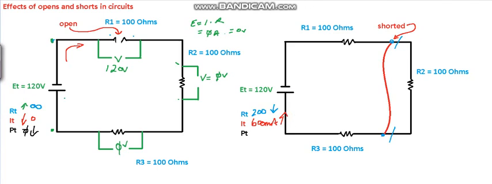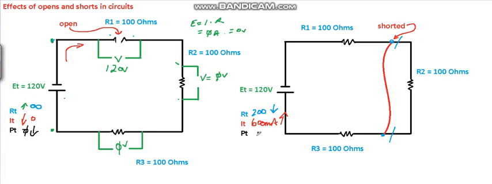And as a result of the increase in current, my total power in a short is going to change: normally it would be 400 milliamps times 120 volts, and under this circumstance, we've got 600 milliamps at 120 volts.